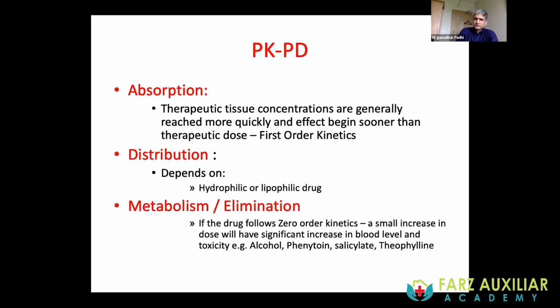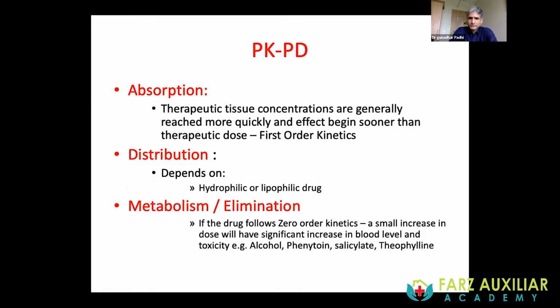Any toxic substance follows the same principles of drug distribution and pharmacokinetics. That is why the PK/PD of every poison is very important. How the poison gets absorbed, distributed, and metabolized in the body. Absorption depends on various routes.